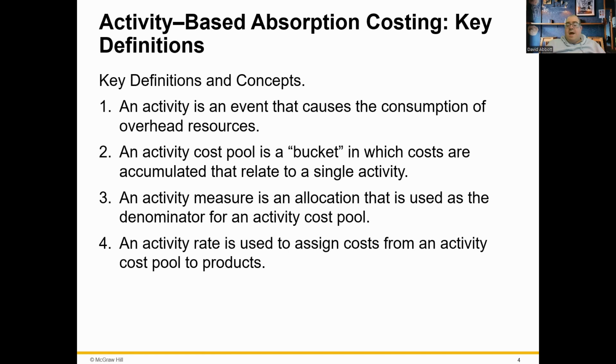So anything within that single activity is going to get divvied up into the activity cost pool. And then the activity measure is the allocation that is used as the denominator for an activity cost pool. And then the activity rate is going to be used to assign costs from an activity cost pool then to products.